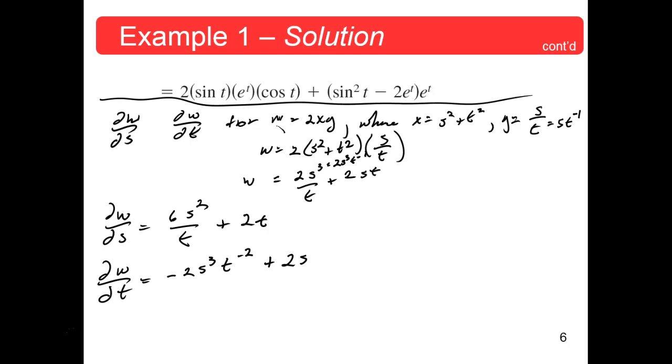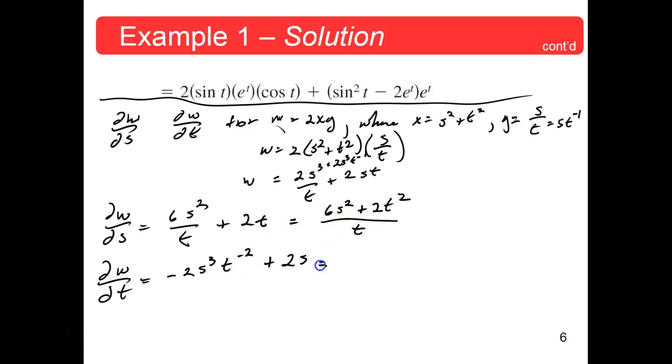Now, they do a little more processing on them by putting them over least common denominators. And they factor out the 2 as well. I don't see any big advantage of it. Then they put it back in. So let's just leave it where it is. That would be 6s squared plus 2t squared over t.